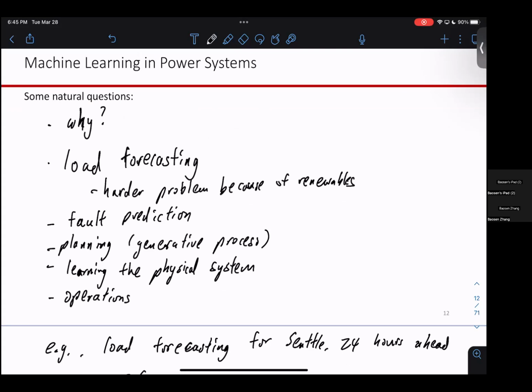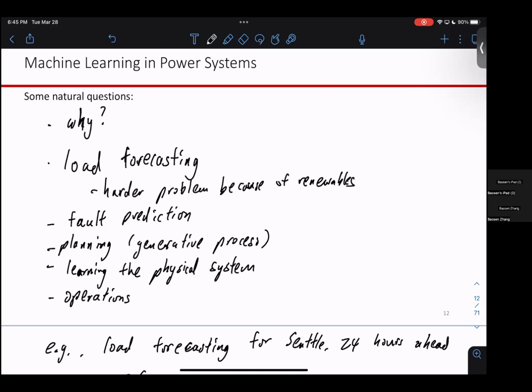Given the data, how do you directly make decisions based on this data? How do you operate a system if, let's say, the physics is too hard to work with or it's not available to you? How do you directly go from data to making decisions? Hopefully we'll get to this point.